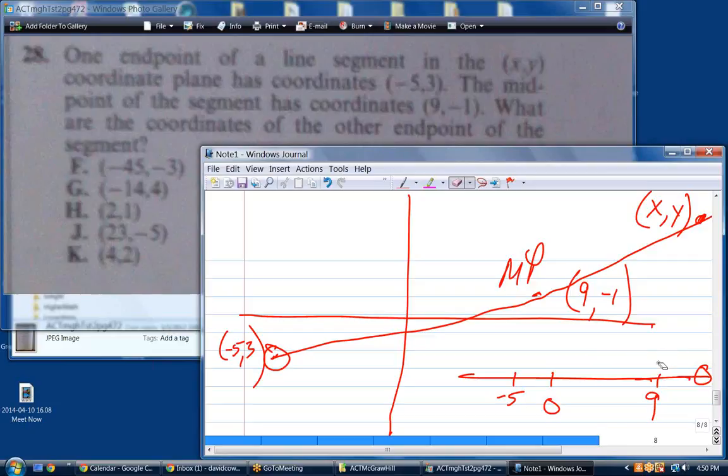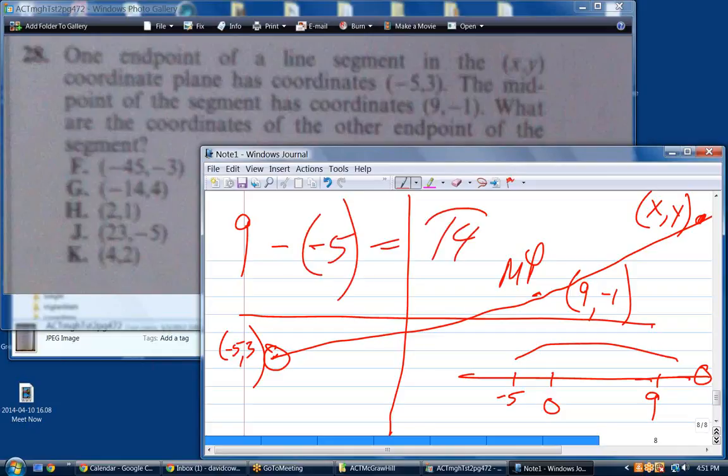Seeing that is critical, that you can see that it's 14 units between those two. Well, the other way to get that distance is, how about we subtract the big number minus the small number? That's equal to 14. So this process right here, when you take a positive number and subtract a negative number, is the process of finding the distance between a positive number and a negative number.